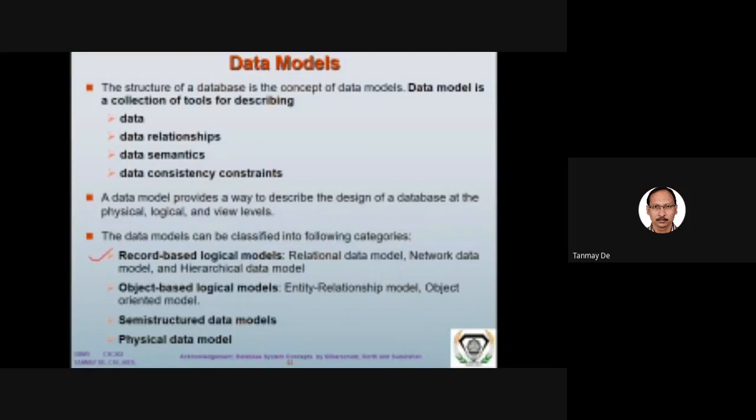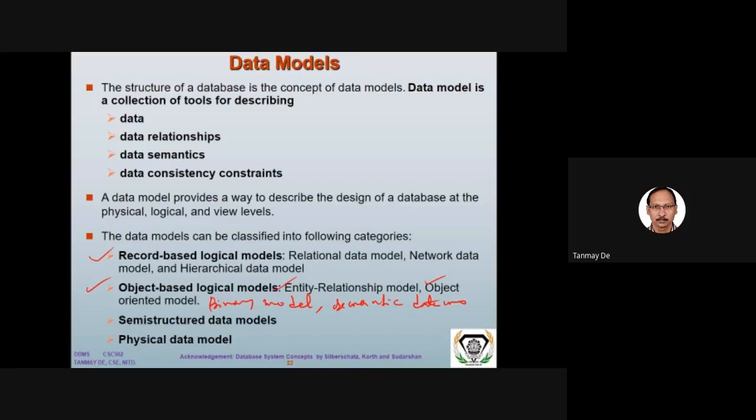That is the record-based logical model, and the object-based logical model, for example the entity relationship model, object-oriented model, and maybe the binary model or semantic data model, and so on.